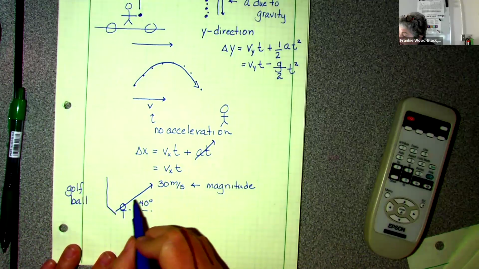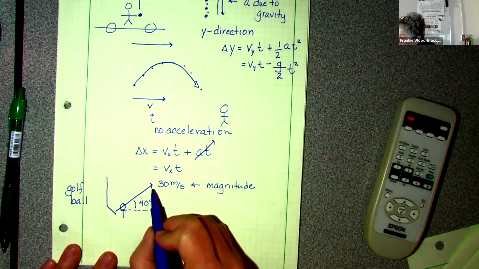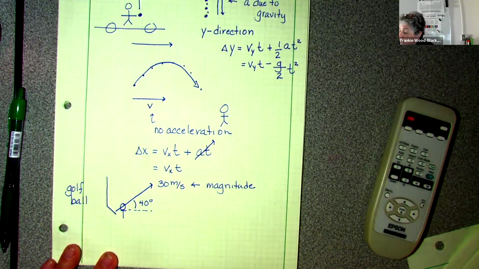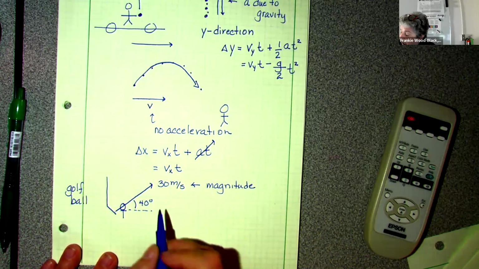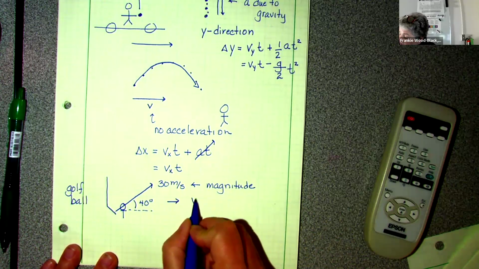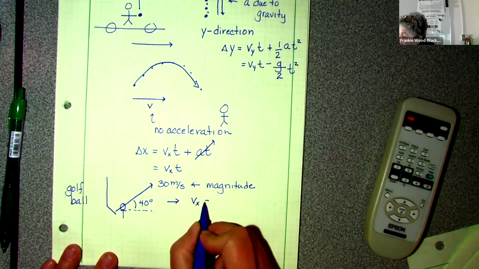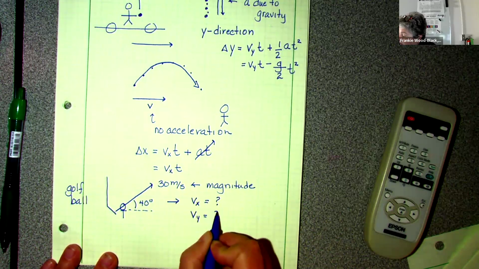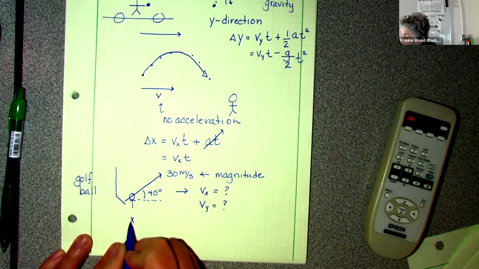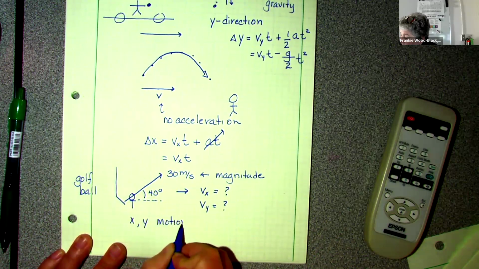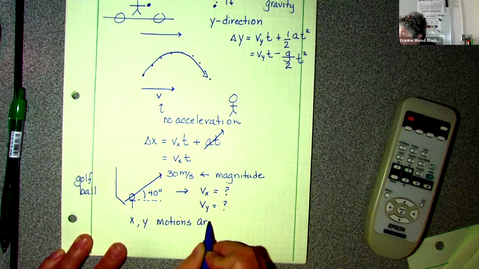But as I have my golf club hitting my golf ball off the tee, and I have those angles, what I'm going to have to figure out now is the velocity in the x direction and the velocity in the y direction, because my x and y motions are independent.